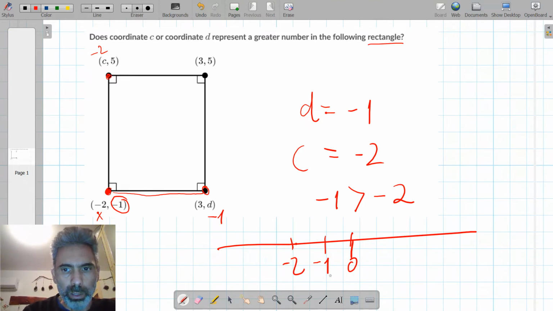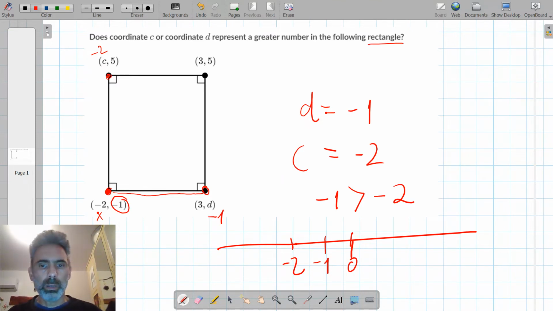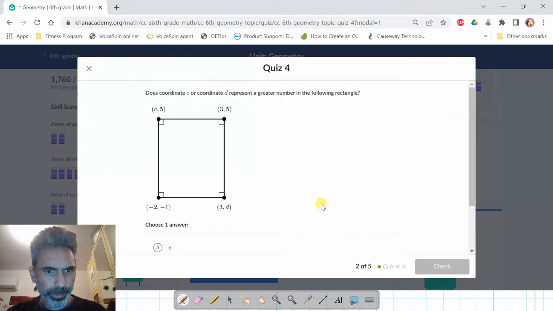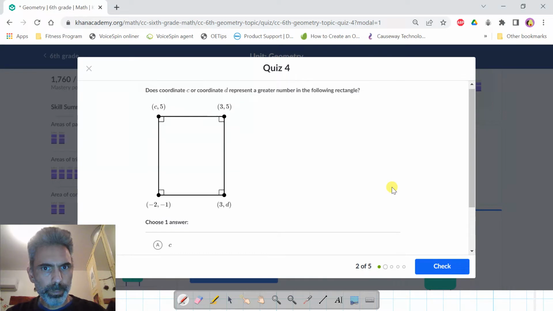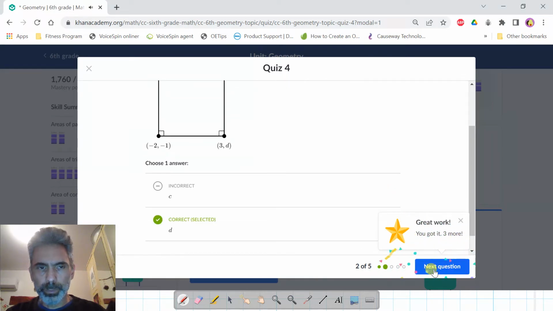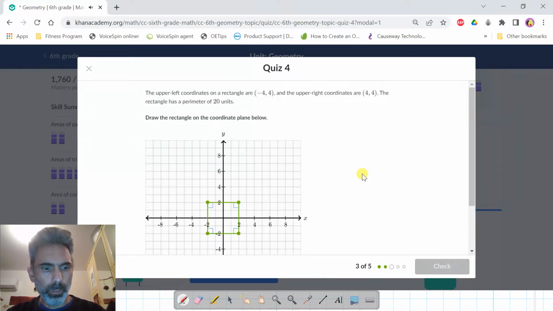So -1 is greater than -2. So D is greater.